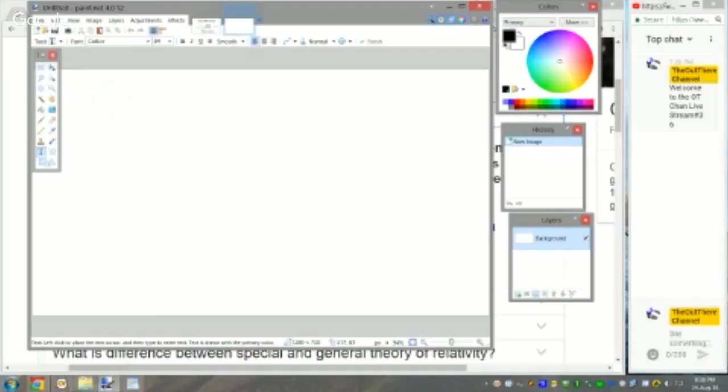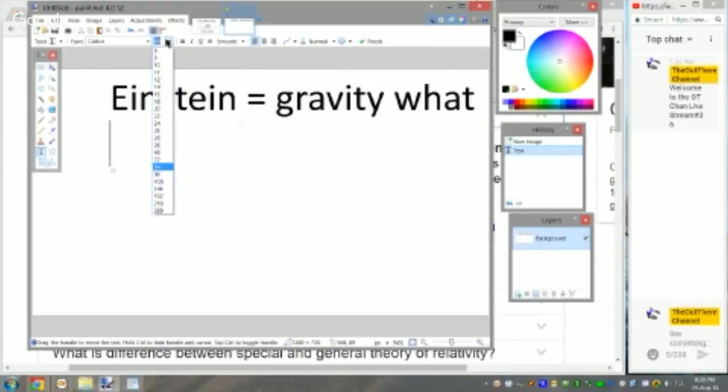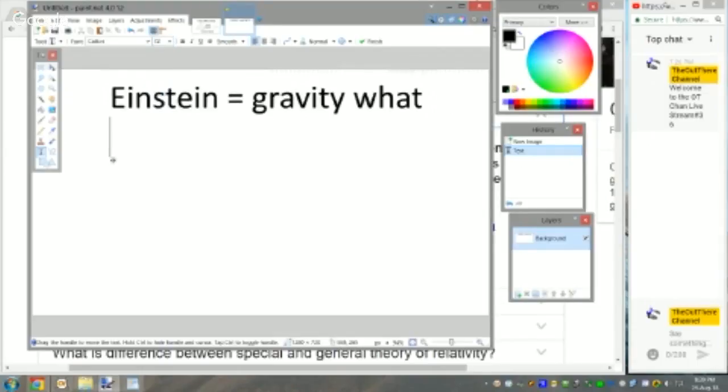So in Einstein's, let's see the type. Einstein is smaller. Smaller again, probably.